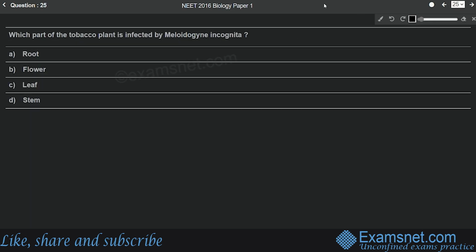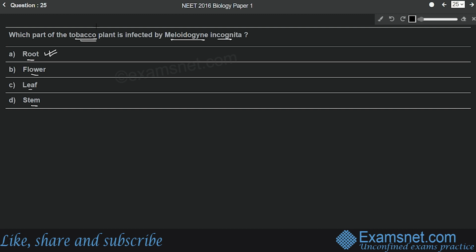Question number 25 is from the chapter Biotechnology and its applications, and the question is, which part of the tobacco plant is infected by Meloidogyne incognita? Options are root, flower, leaf and stem, and the correct answer is option A, that is root.